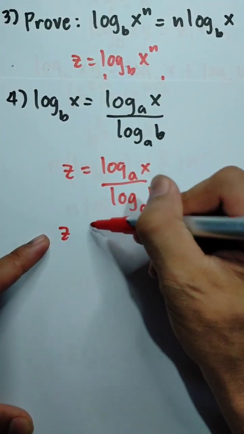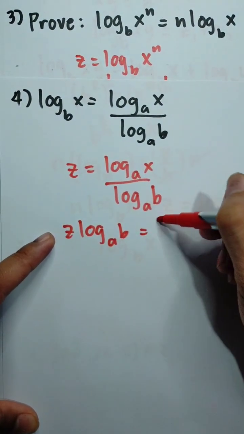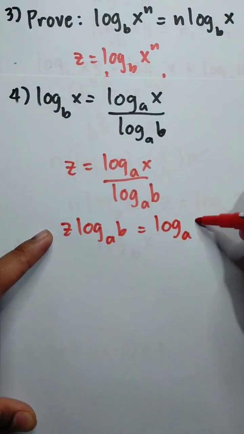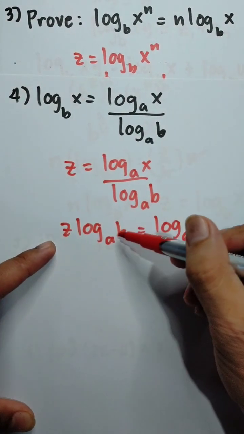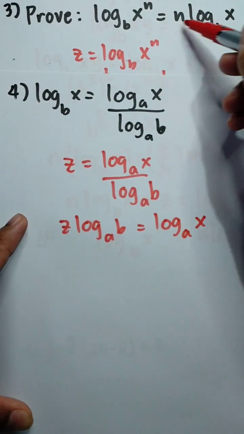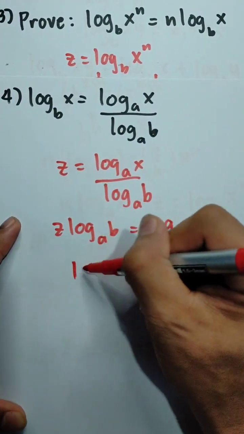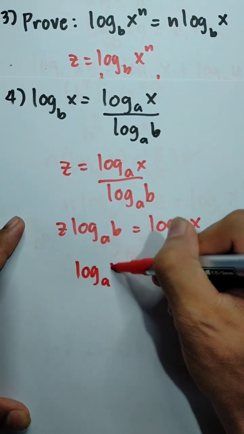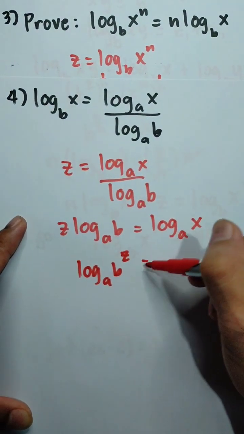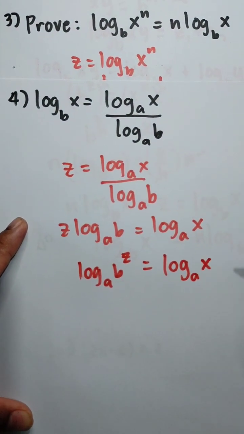So we have z times log base a of b equals log base a of x. On the left hand side, we already proved the power rule, so we can apply it here. So we have log base a of b to the z equals log base a of x.